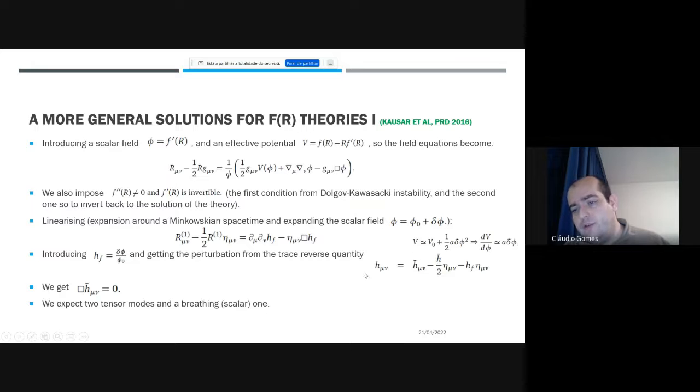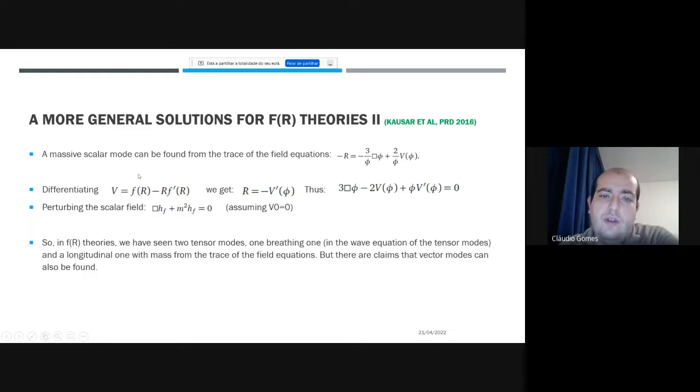And we have included the scalar contribution in the trace reverse quantity. Remember that it's just to take the trace reverse over everything here. So in vacuum, what we have is a wave equation, exactly the same as general relativity, but remember that this h bar quantity now has a contribution from the scalar quantity. So we expect two tensor modes, as in general relativity, and a scalar one, which will be a breathing one.